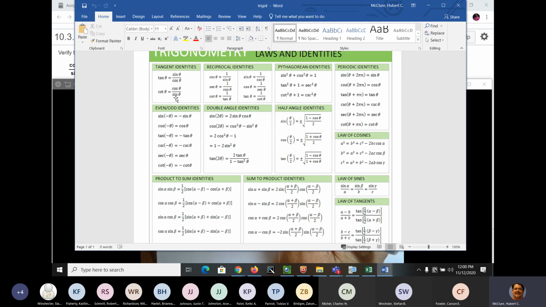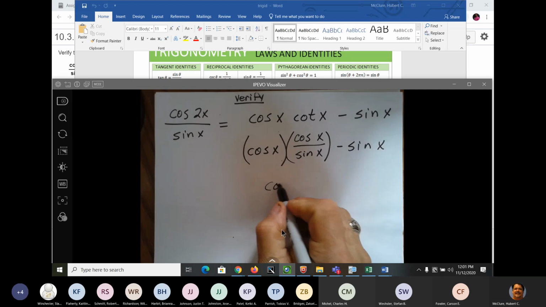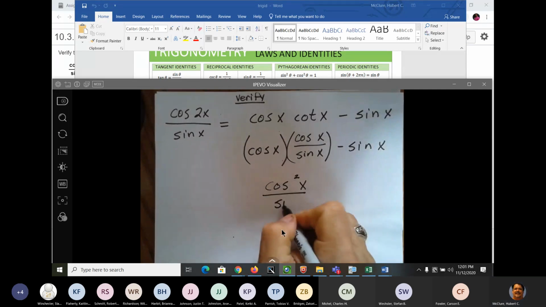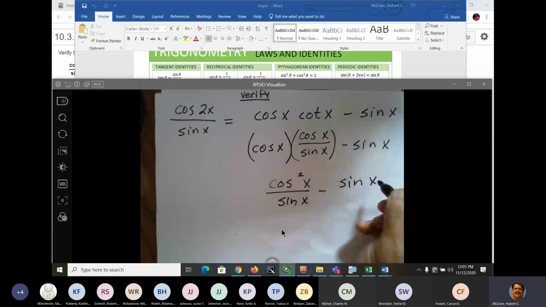But since we don't have that, I think I'm just going to leave that cosine right now. You hardly ever want to change cosine into something else. Minus sine of x. So just using the quotient, I got something like that. And that gives me cosine squared x over sine x minus sine of x over 1.